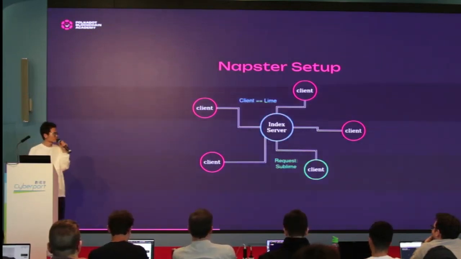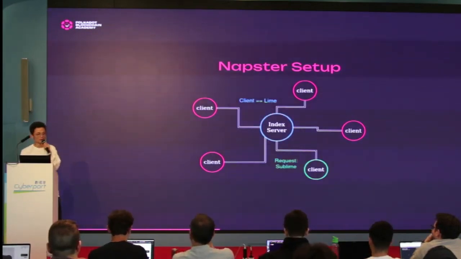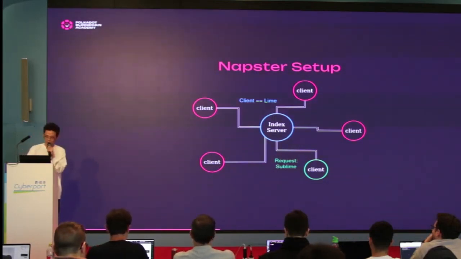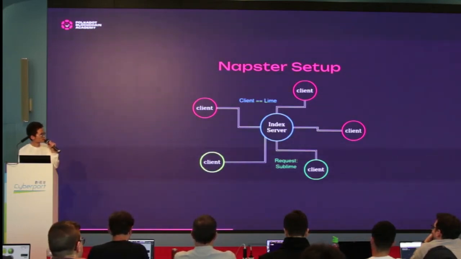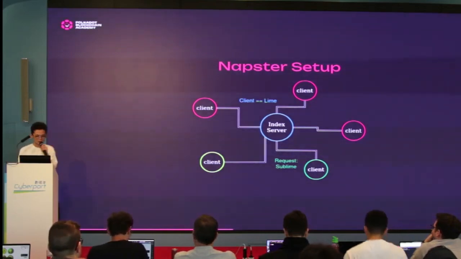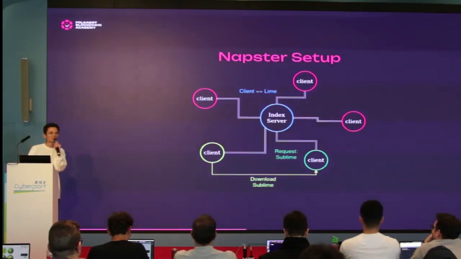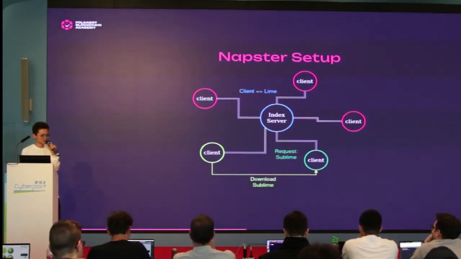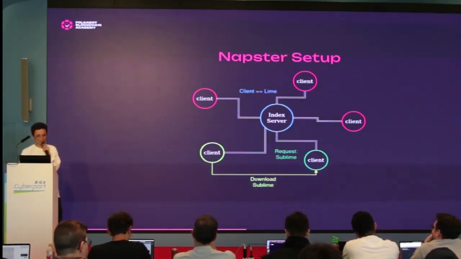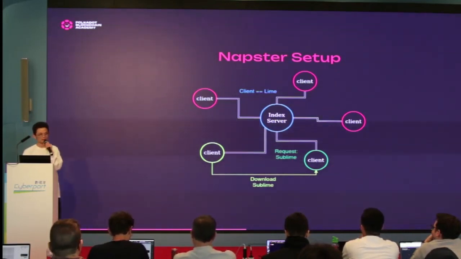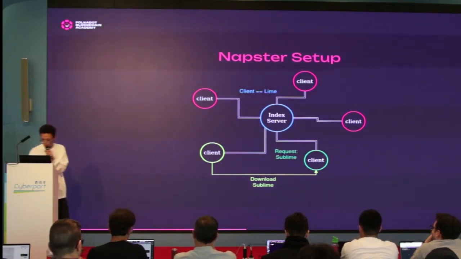When there is a request from a particular client, for example, the client is Lim, and it is requesting a text editor, Sublime, the index server will receive the request and locate the node that has such a piece of data, and it will then establish a direct connection between the two peers, so that the client submitting the request can download the file from the server in the yellow circle.